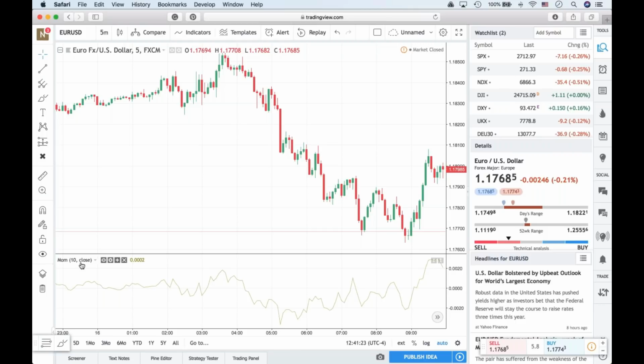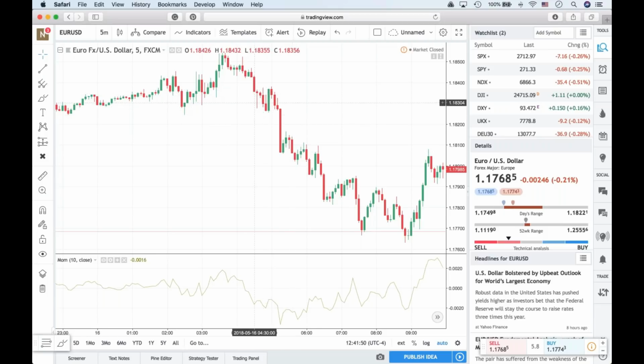Once you have everything set up, the next step is to find the actual setup. I'll start with the buy setup. We're going to start by finding lower lows in the chart, which is basically a red candle followed by a green candle.